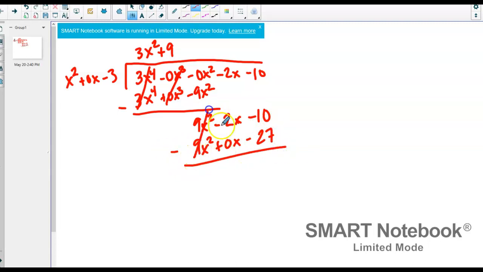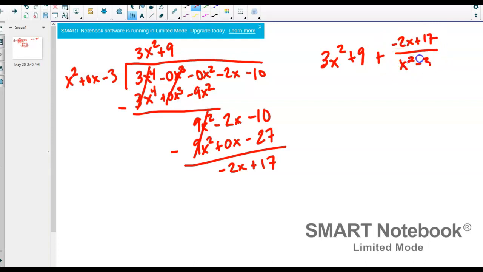Then we're going to subtract everything. That's gone. I've got negative 2x here, and I've got positive 17 that goes right there. So now my answer is 3x squared plus 9 plus negative 2x plus 17 all over x squared minus 3 is what I'm actually going to have as my final value there.